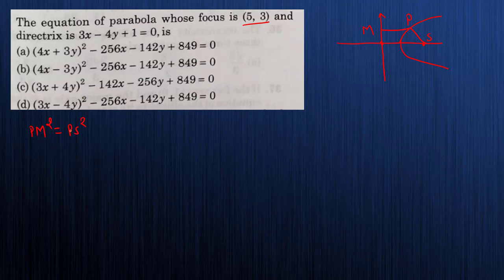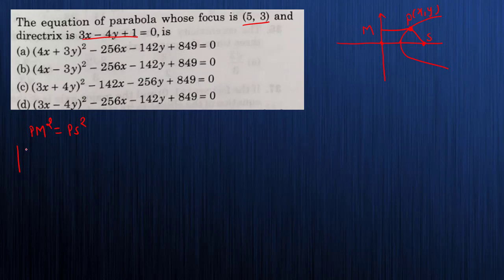Now substitute, you can find out the distance of this P from this line. Suppose P is (x, y), we can easily find the distance of a point from a line, and the distance between the two points. It is ax1 plus by1 plus c divided by root of a square plus b square. The equation of the line is 3x minus 4y plus 1 equals 0.